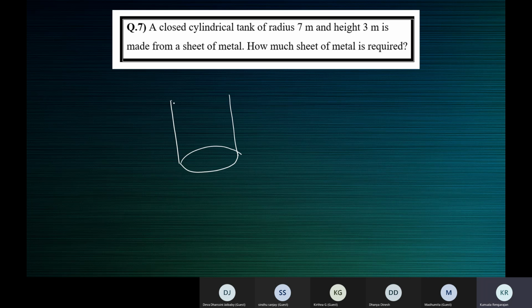The bottom circle is closed because it's a tank. It should hold water. What about the top circle? Is it open or closed? It's closed because it's a closed cylindrical tank. Meaning there is a lid here.